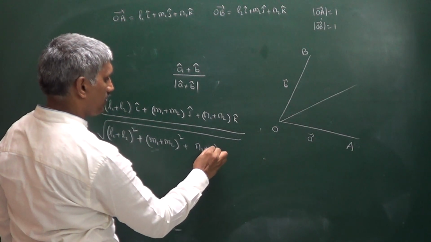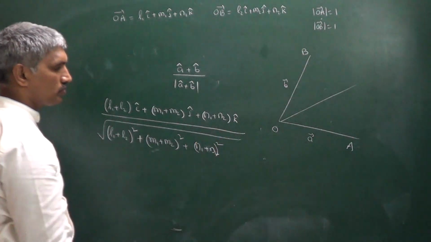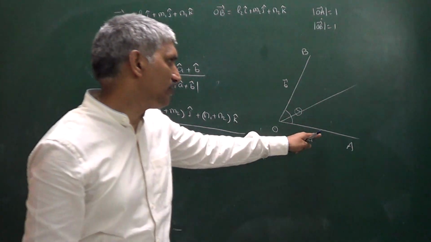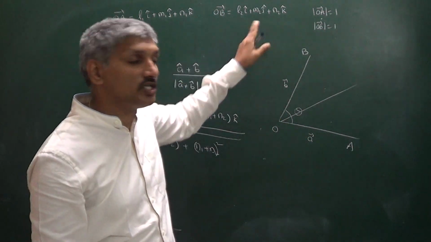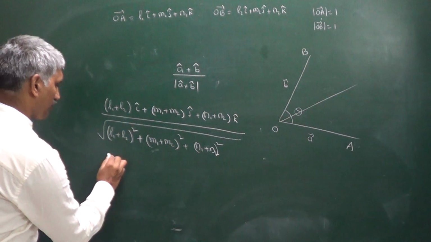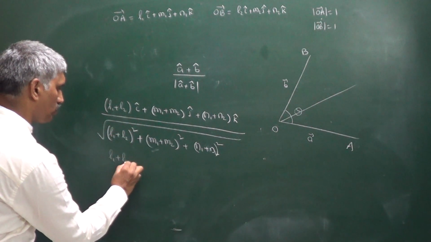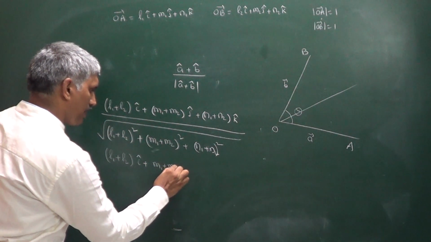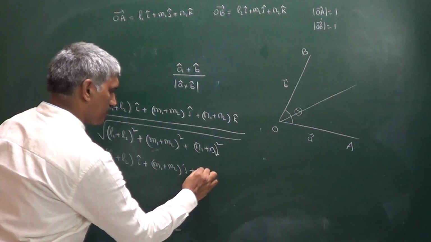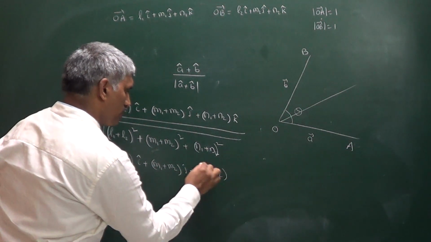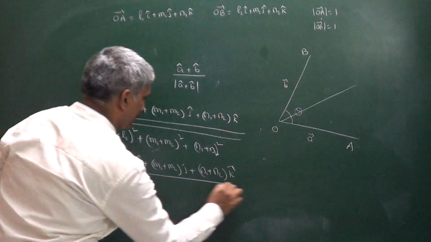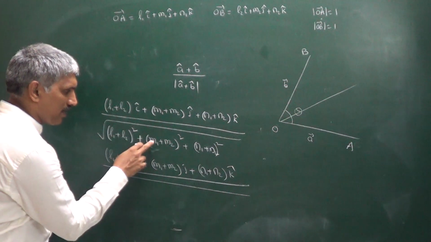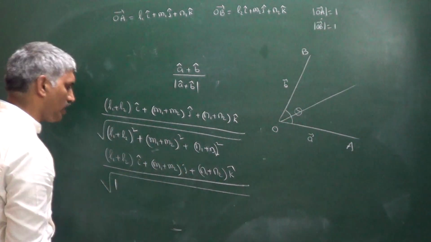(N1 plus N2) whole square. The angle between these two vectors is also given as theta. Right. Now what about this simplification? We will get (L1 plus L2) i cap, (M1 plus M2) j cap plus (N1 plus N2) k cap by under root. L1 square plus M1 square plus N1 square, you will get 1.